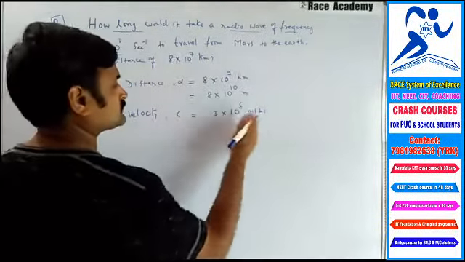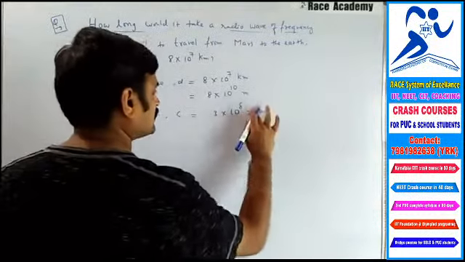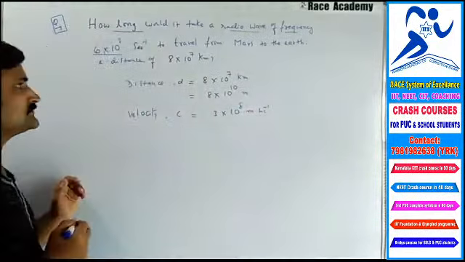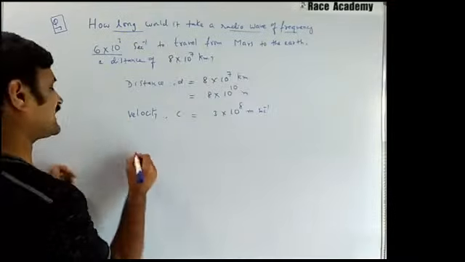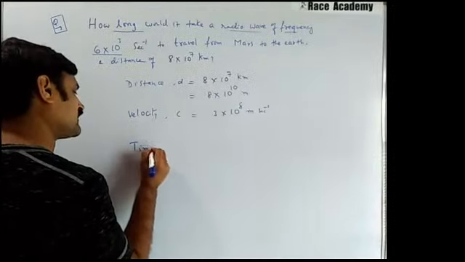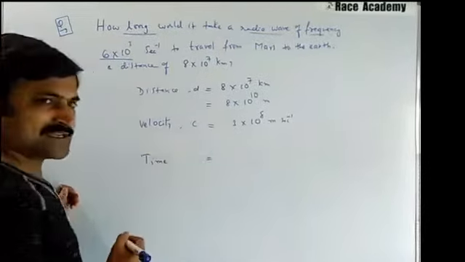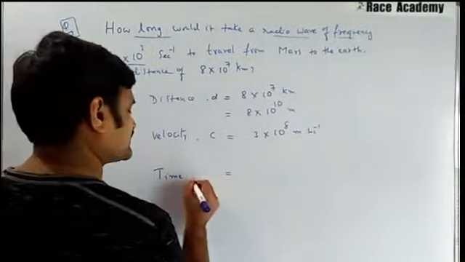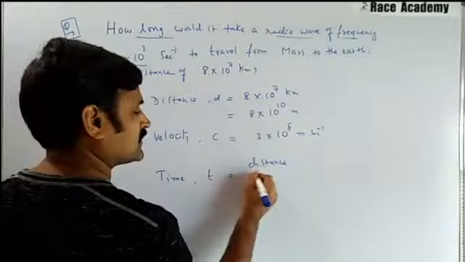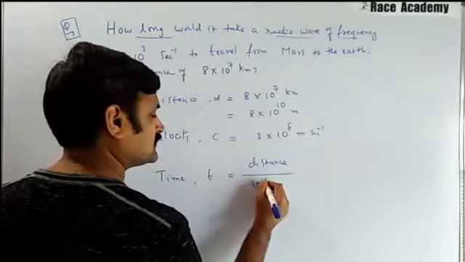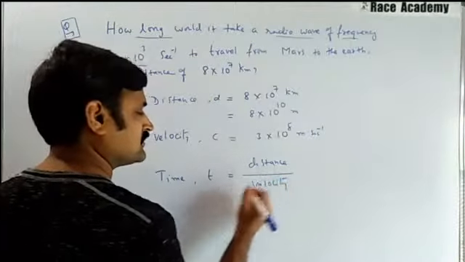Now velocity came, distance came in the discussion. Now what is the time formula? Time is equal to distance by velocity.